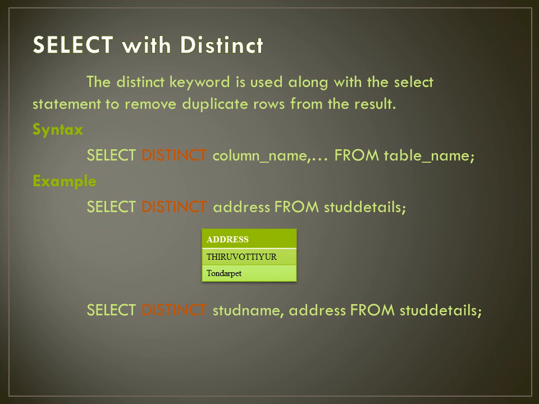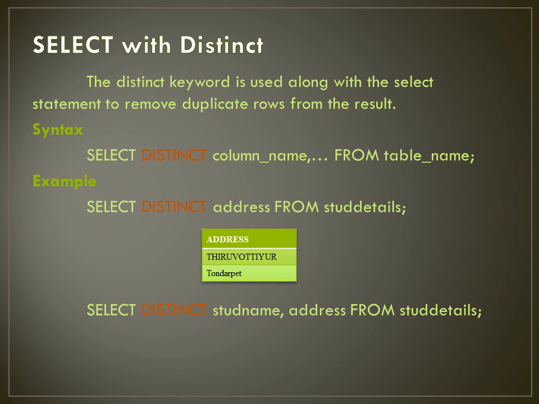Next select statement is select with distinct. The distinct keyword is used along with the select statement to remove duplicate rows from the result. If distinct is not specified, all rows are returned, including duplicates. Syntax is select distinct column name from table name. Example, select distinct address from student details.